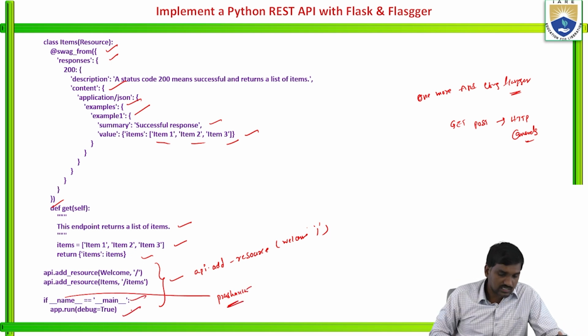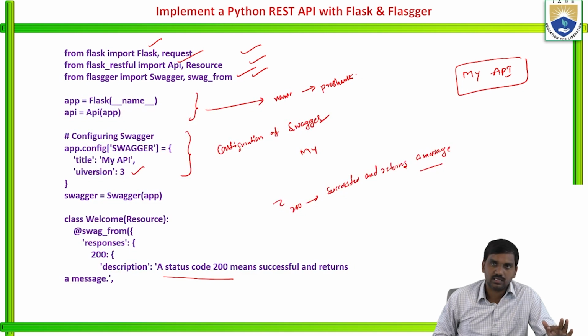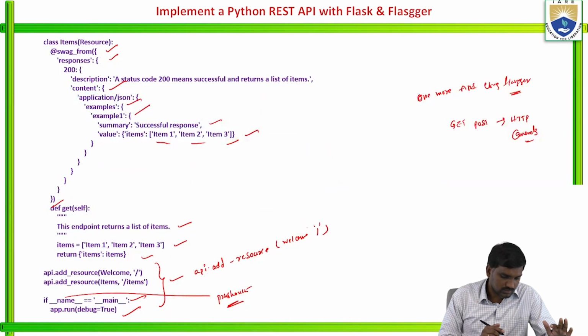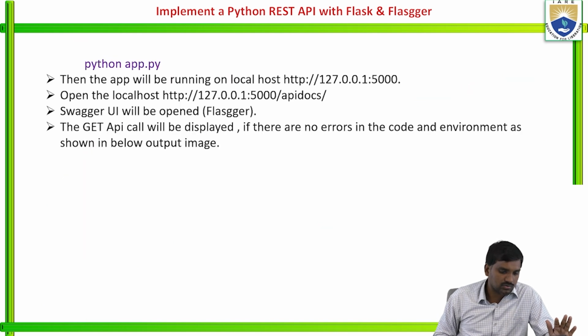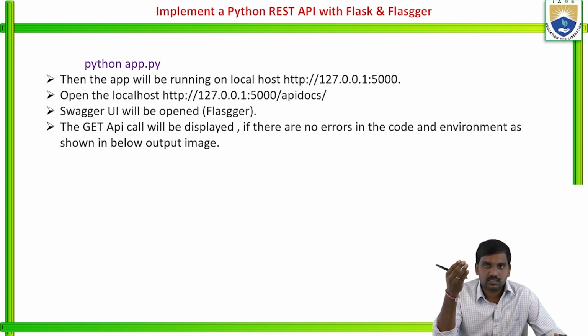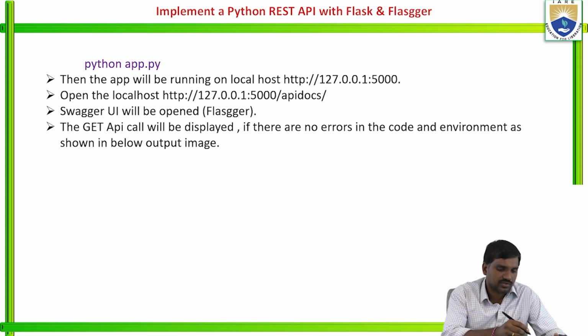So these are the three lines of the program, from the import to debug is True. When you run the program here, the output will be shown. After that, you have to save the program with the name app.py, like that. Then the app will run on the localhost.